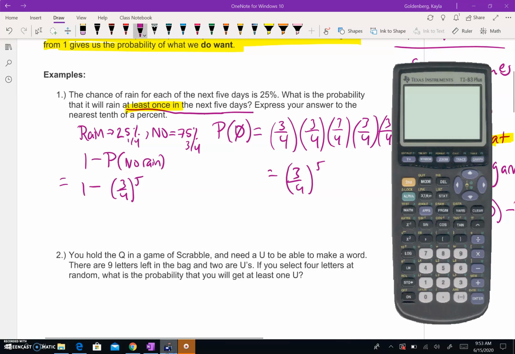I'm going to pull up my calculator and do, in parentheses, 3/4, caret 5th power. It looks like about a 23.7% chance, so not unlikely, almost about a 1/4 chance. And we're going to do 1 minus, and I'm going to do second answer, which is that negative sign down below.